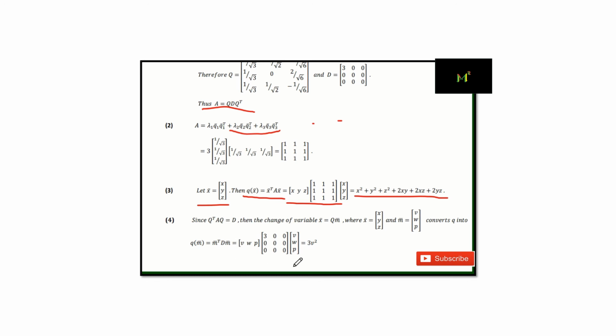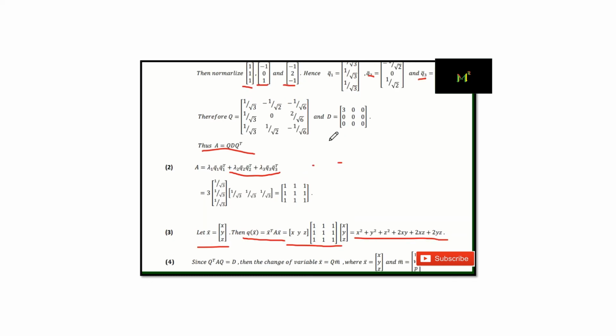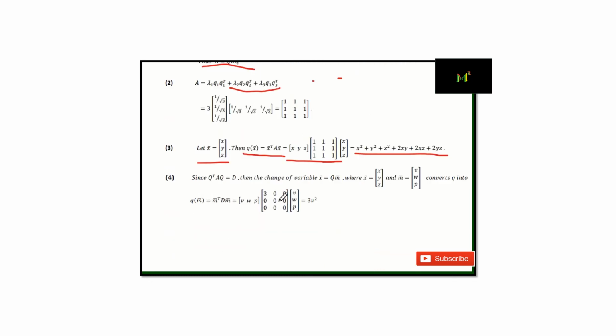So you transpose m, you get this, times matrix D, the diagonal matrix from here, and then times vector m, and your answer becomes 3v squared.